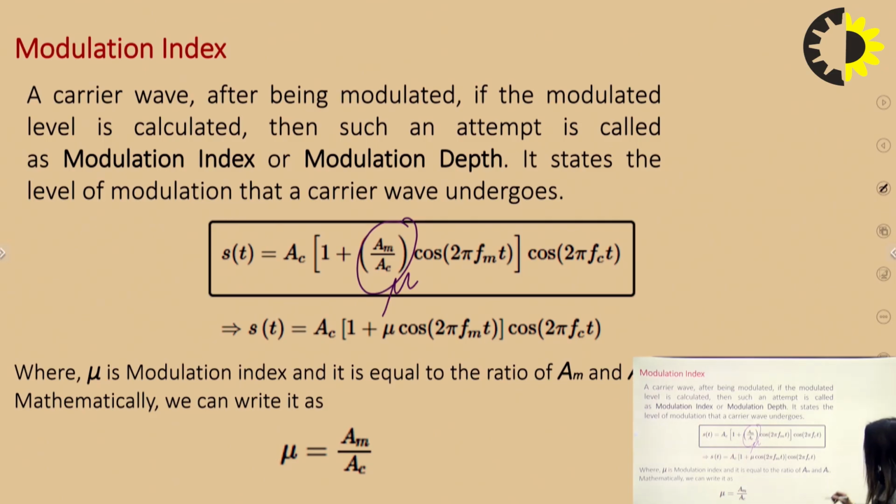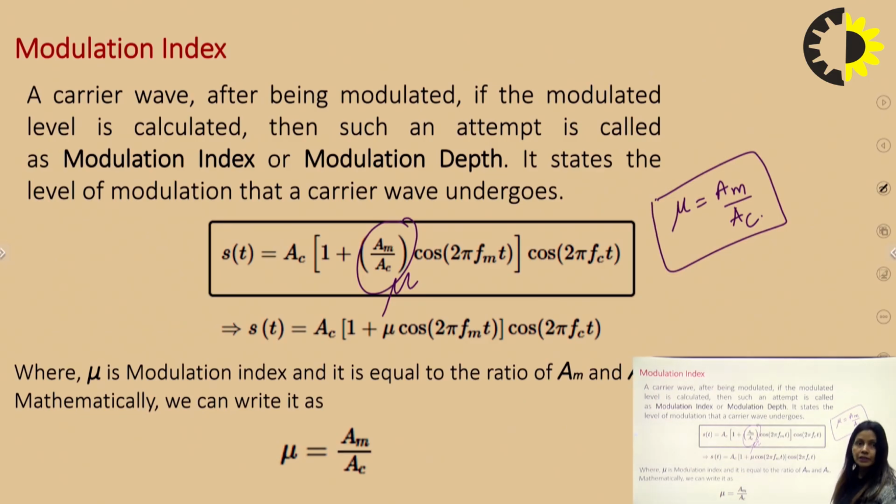So mu is equal to AM by AC. So modulation index is the ratio of amplitude of the modulating wave divided by the amplitude of the carrier wave.